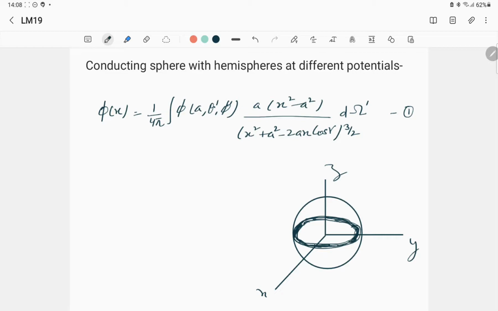So the hemispheres are kept at different potentials. The upper hemisphere is at plus V potential and the lower is at minus V potential.